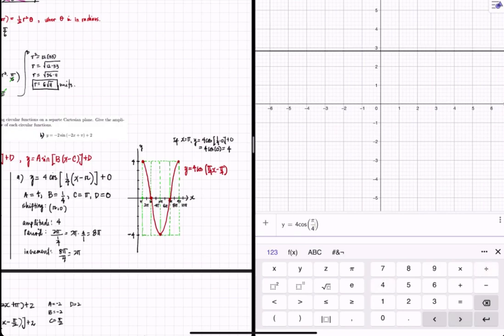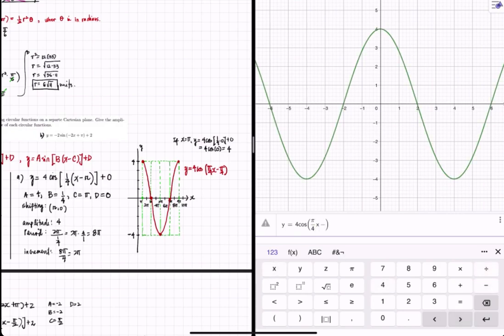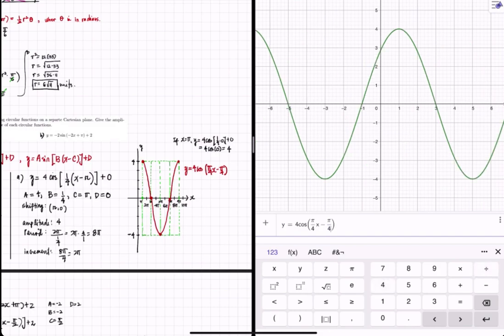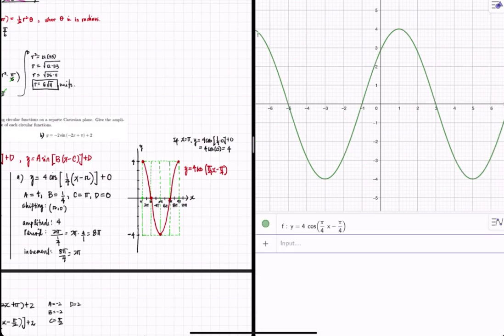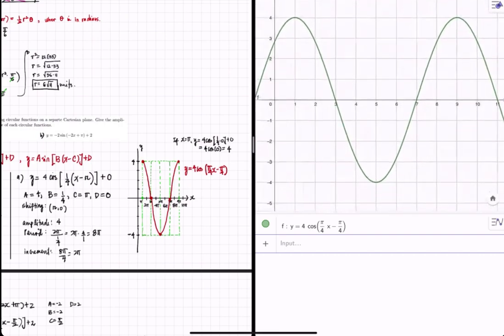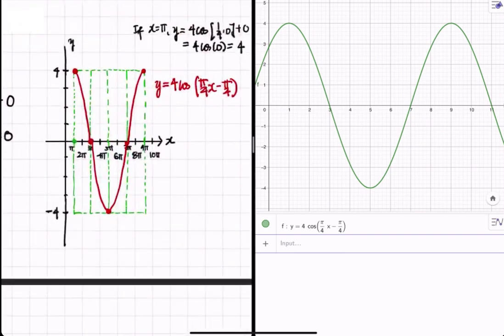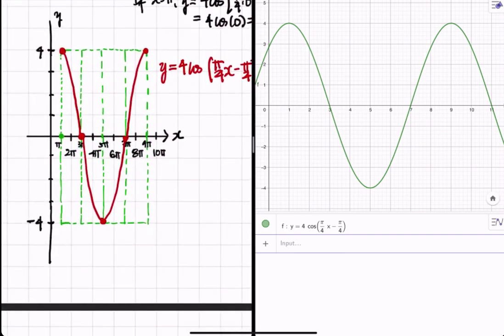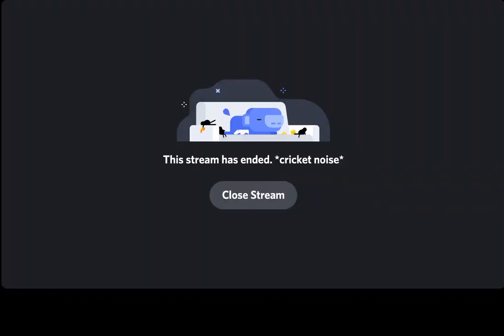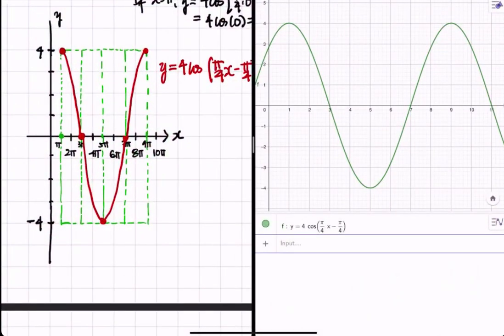Pi over 4x minus pi over 4. Okay, so nasan yung dinrawing natin? Ito yung portion na dinrawing natin. Ay! Hala, napatay ko yung ano ko. Wait. Ayan.